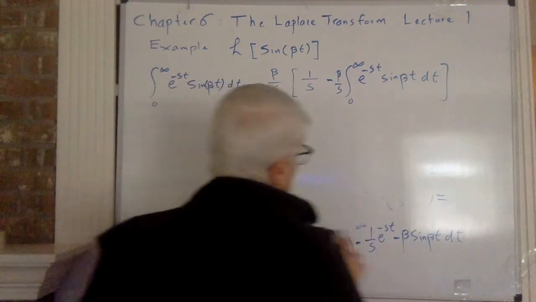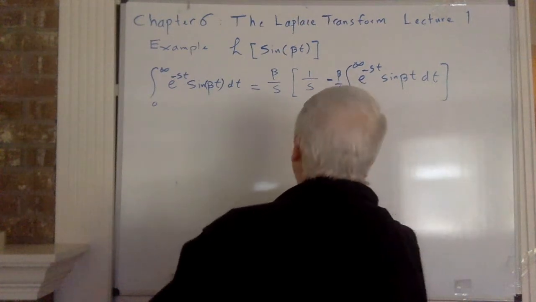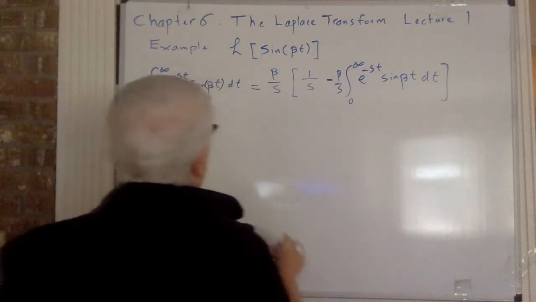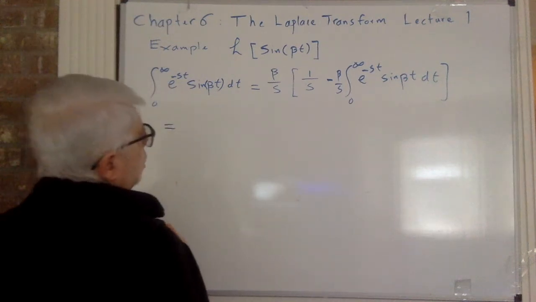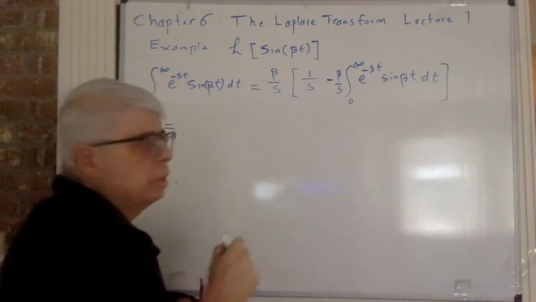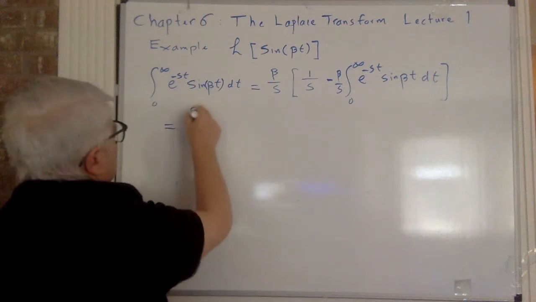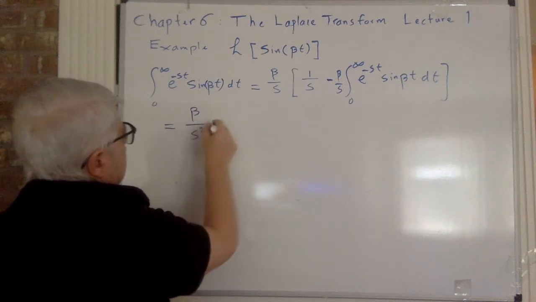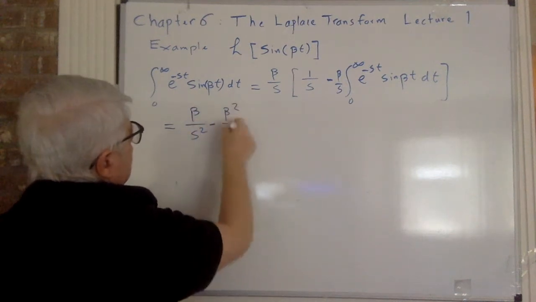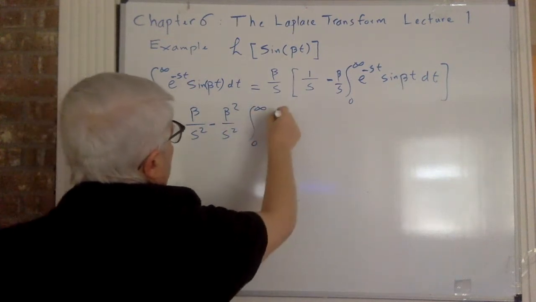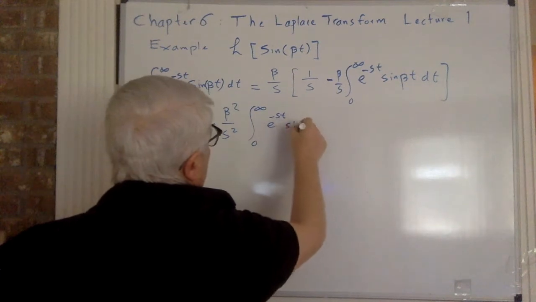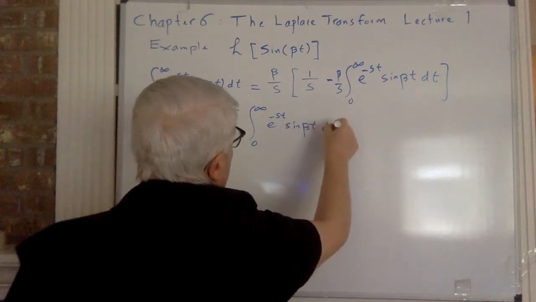Well, let's hope I haven't made a mistake, because I erased everything. And so I'm just doing everything on this whiteboard. So let's expand this thing. So I have beta over s squared minus beta squared over s squared integral 0 to infinity e to the power minus st sine beta t dt.